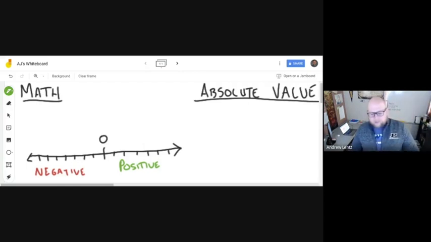So when we're using absolute value, we are measuring the distance a point is away from 0. Okay? So, ladies and gentlemen, is absolute value going to be positive or negative?